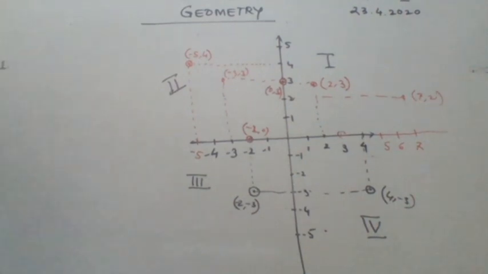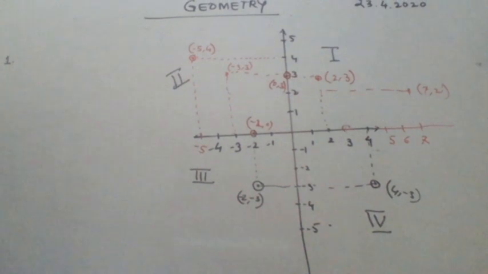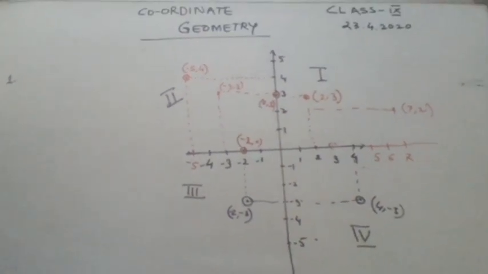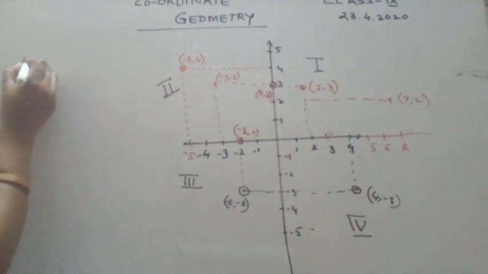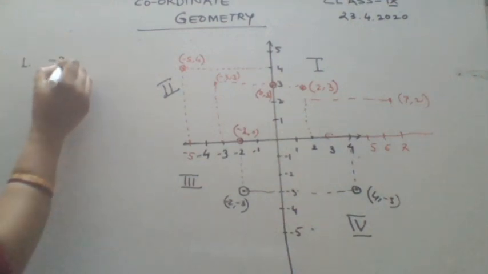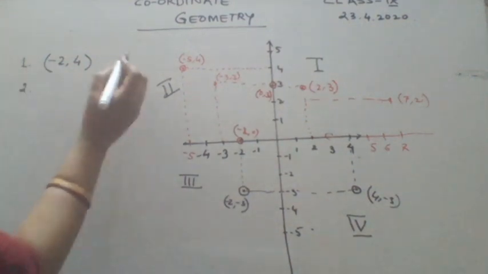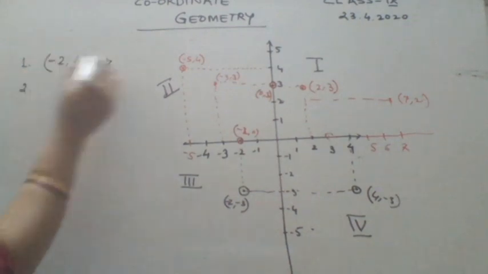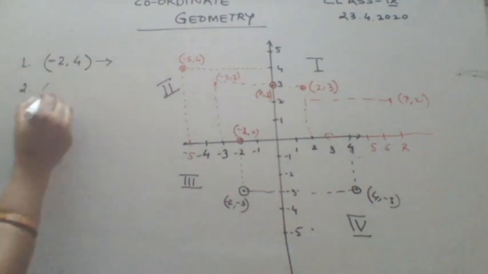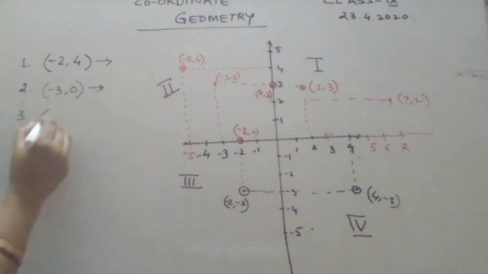Number 1: minus 2 comma 4. You just quickly start writing which quadrant they belong to. According to your answer, I will fill it in. The second one I give you.